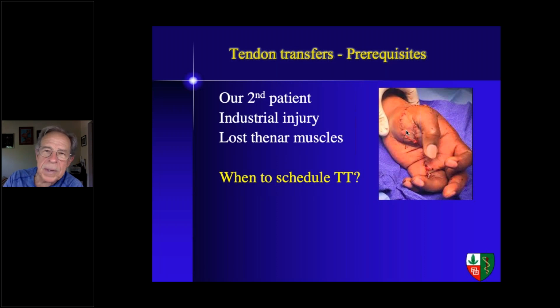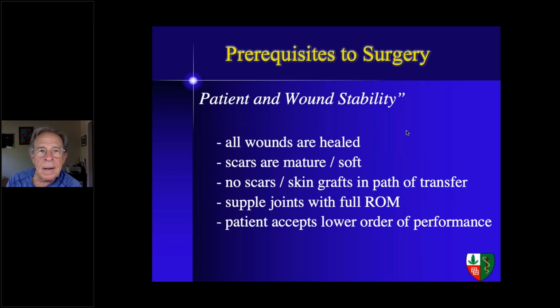So when do we schedule tendon transfers? I think the key is to consider stability, both in the patient and the wound. Are the wounds all healed? Are the scars mature and soft? You don't want any scars if possible, and no skin grafts in the path of your transfer if you can help it.